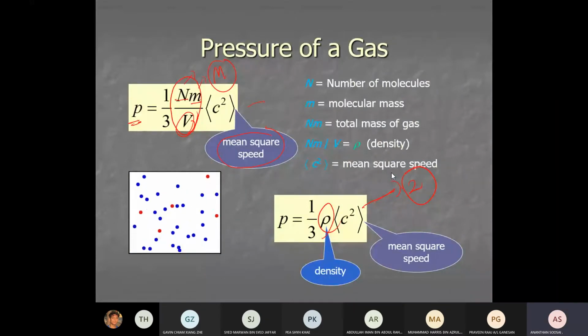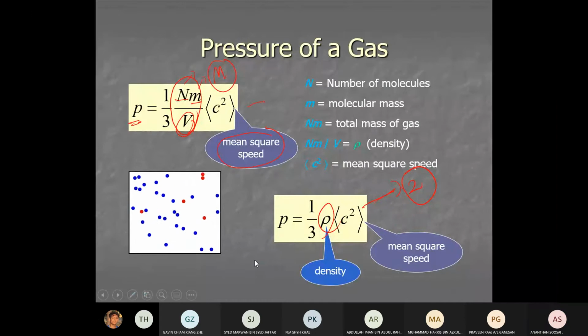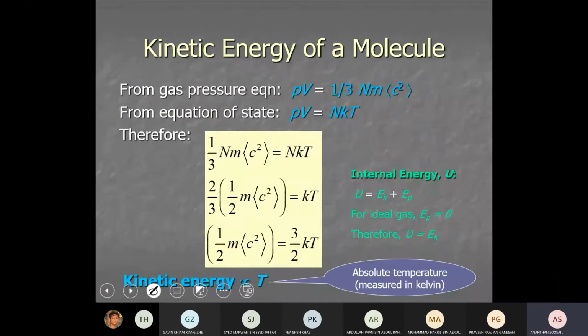Okay, now the final part. This is the final conclusion, the outcome of this derivation. From gas pressure, from the theoretical derivation, we found that PV equals 1/3 Nm c squared.